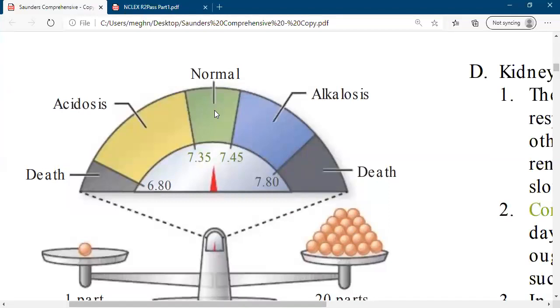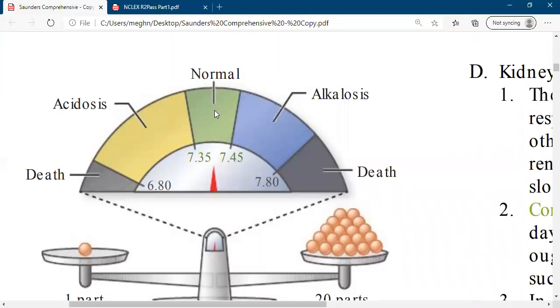This is the range of normal pH where the maximum chemical reaction takes place. You must know it if you really want to understand acid and base. So if the pH is less than 7.35, acidic environment. If the pH is more than 7.45, this is alkaline.